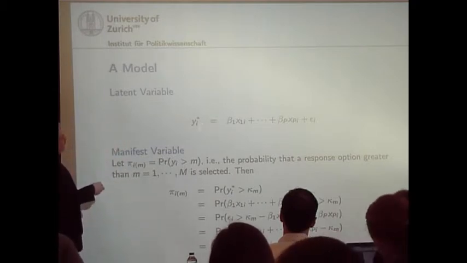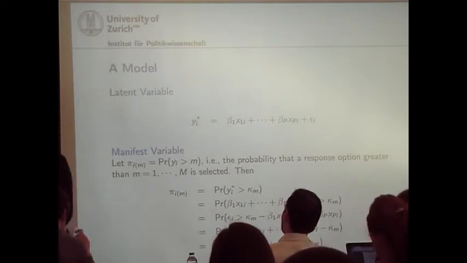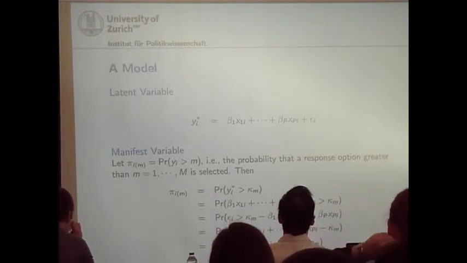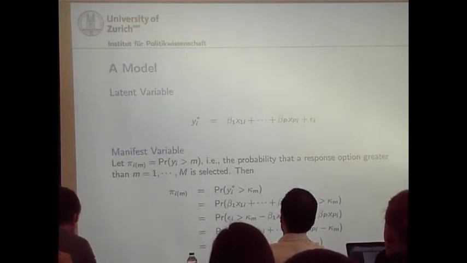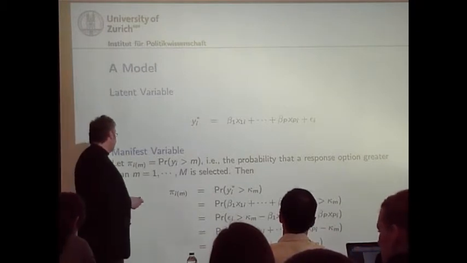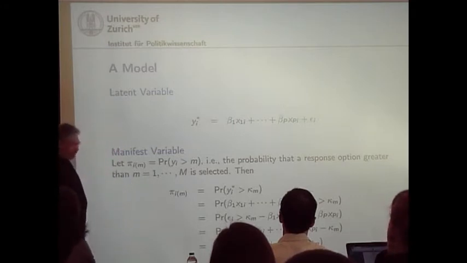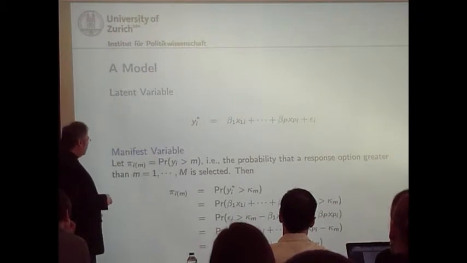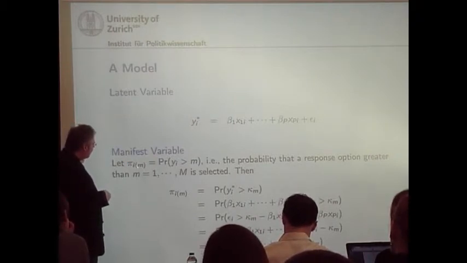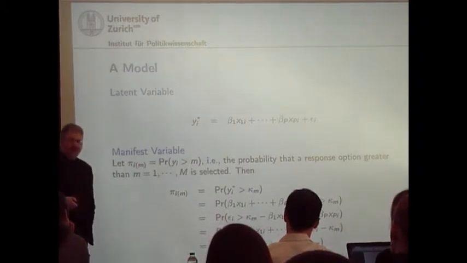So now we need to link this to what we actually observe. That's important because we don't actually observe this y star. We only observe these 3 responses. And I'm going to do that in the cumulative fashion that I just talked about. So I'm going to define a probability P_i(m).